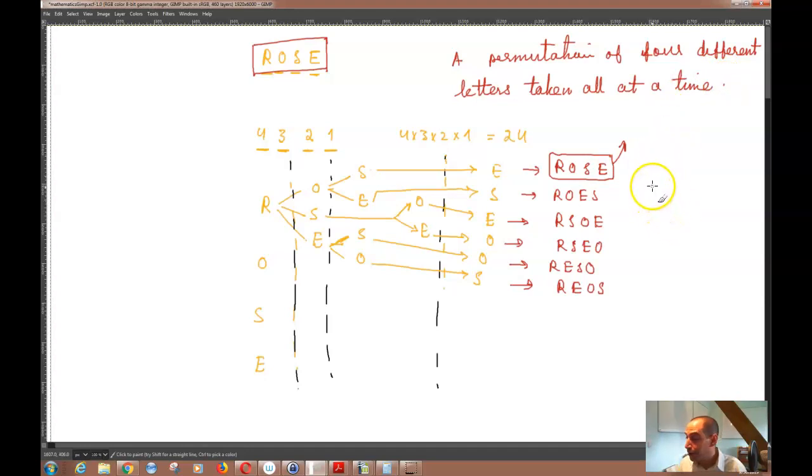Right? So now based on this, you can simply understand the meaning of the definition of permutation.